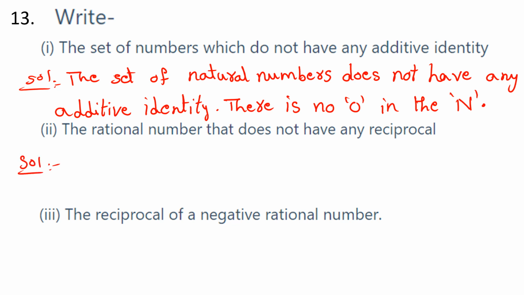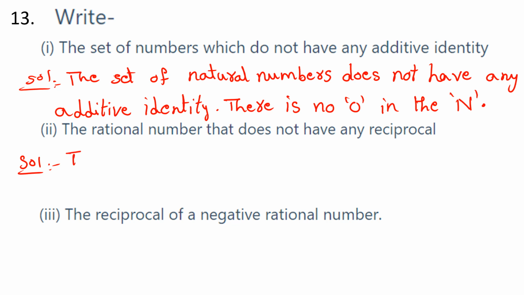The rational number that does not have any reciprocal. Which rational number does not have any reciprocal? Yes, that is 0. The rational number 0 does not have any reciprocal, because division by 0 is not defined. That's why the rational number 0 does not have any reciprocal, right? So write it down there.